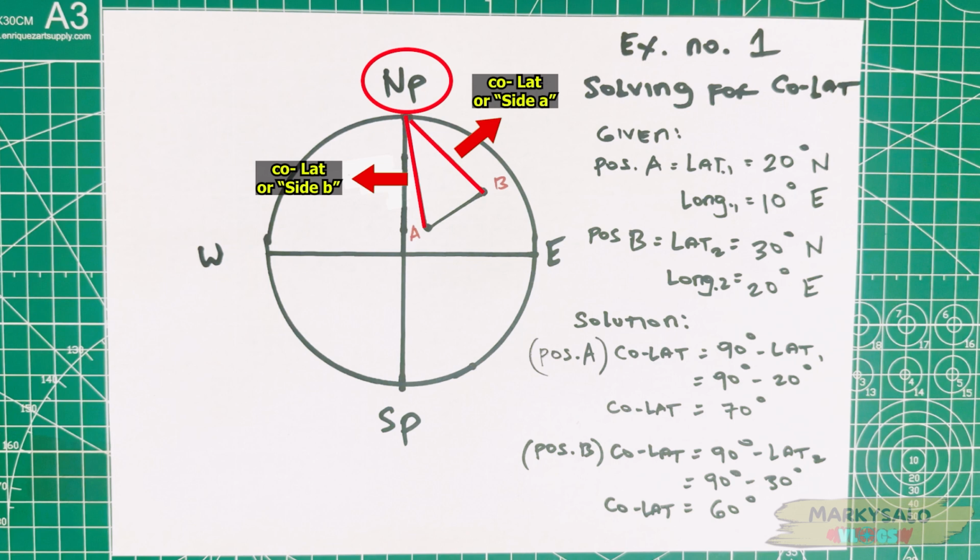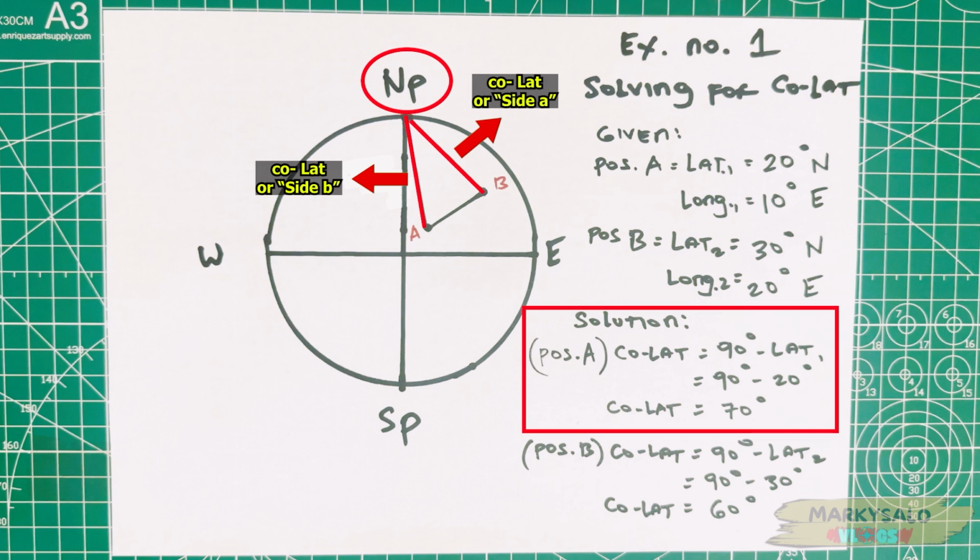Okay, for the solution, since we are not passing the equator, we just simply use the formula colatitude is equal to 90 degrees minus the given latitude. For position A, the solution is 90 degrees minus 20 degrees north.